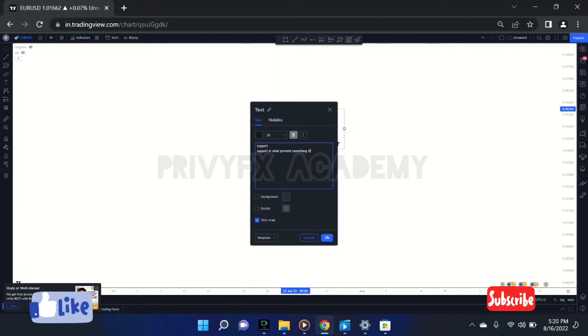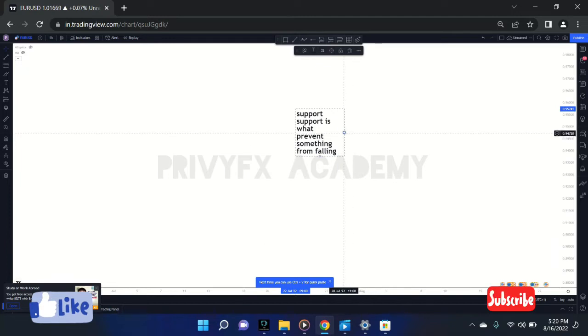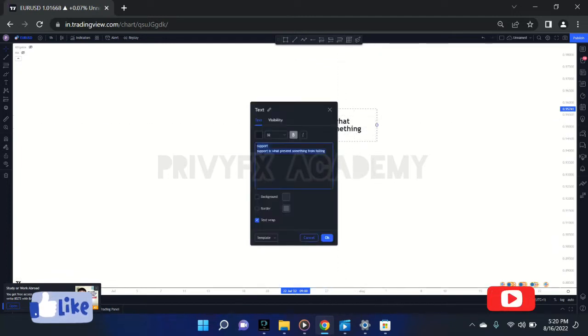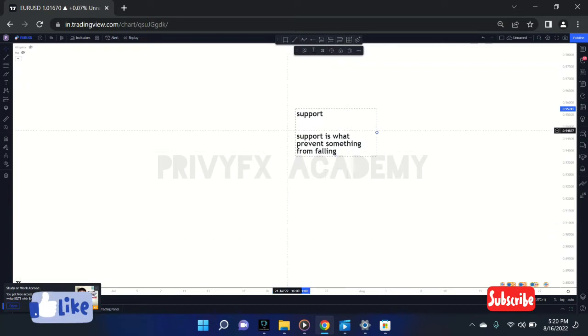Anything that prevents something from falling is known as a support.